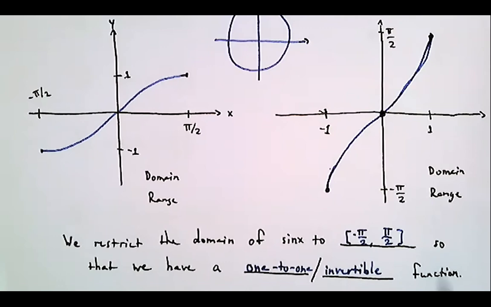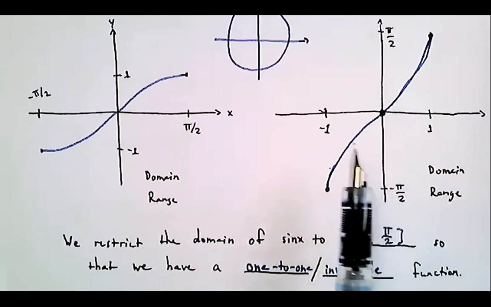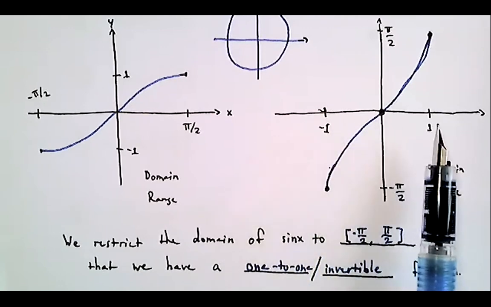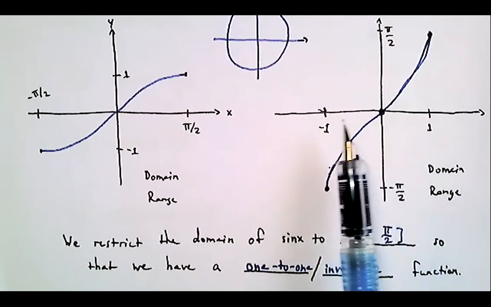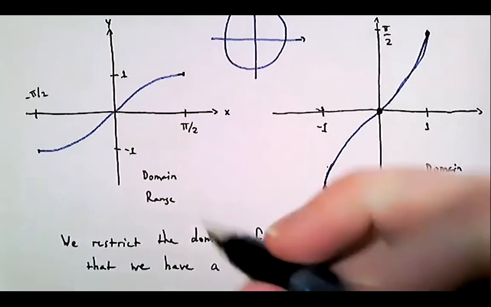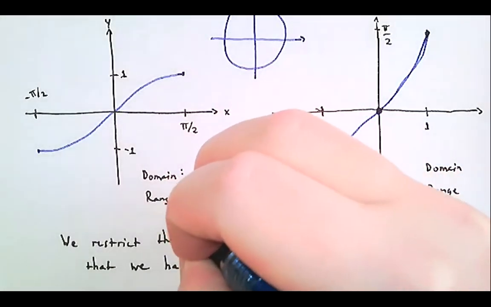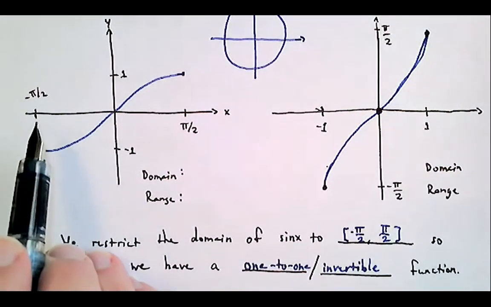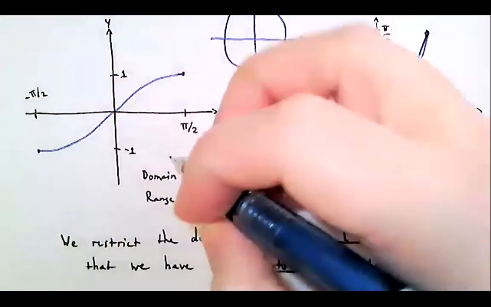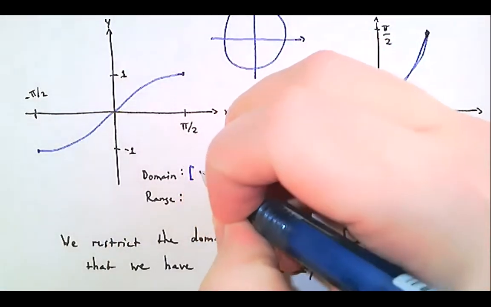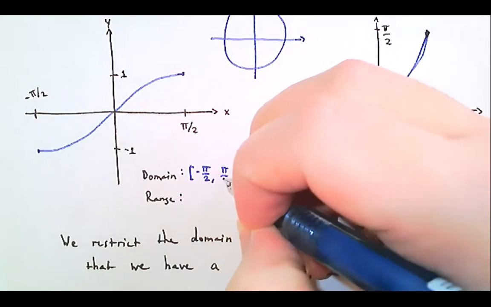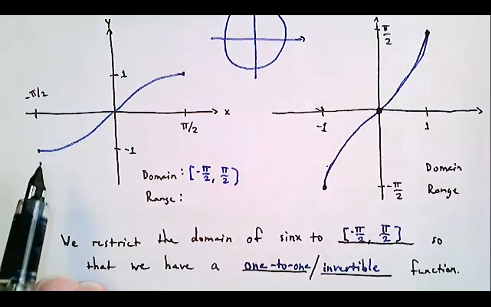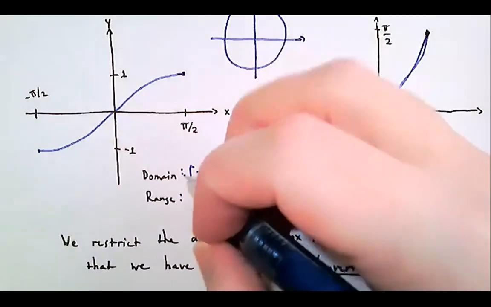Okay. So the takeaway here is that we're only allowed to plug in certain numbers into arc sine. So the domain of our original sine function was minus pi over 2 up to pi over 2. And then the range we can read off the graph is from minus 1 up to positive 1.